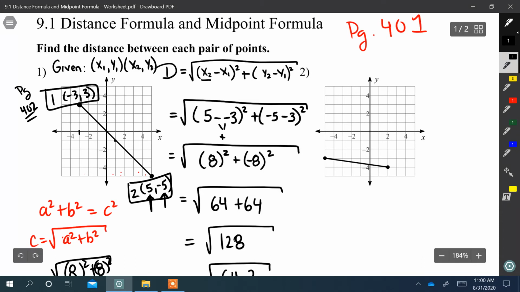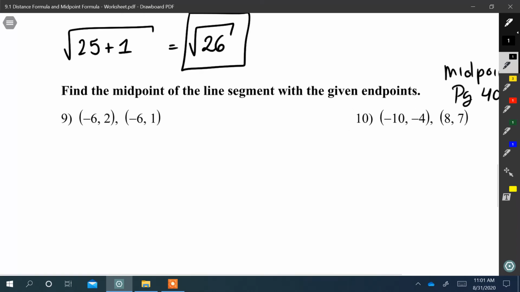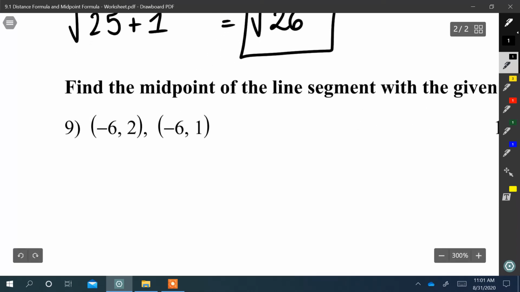For example, in this one, this could be the midpoint there. Not 100% sure, but that right there could be the midpoint. All right, so that's what we're trying to do. We're trying to find the midpoint between 2 points. So what will be the midpoint between this one right here?